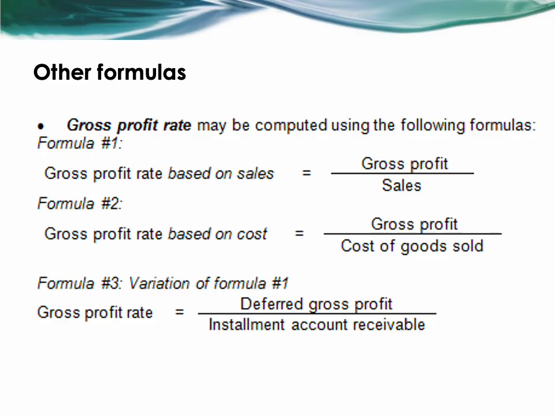It is gross profit divided by the cost of goods sold, and this gives you the markup percentage. Formula number three is a variation of formula number one, and is used when we are looking at future realization. It is deferred gross profit divided by installment account receivable.